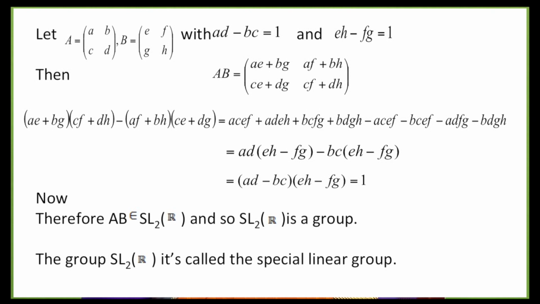Therefore, AB is an element of SL2R, and so SL2R is a group. The group SL2R is called the special linear group.